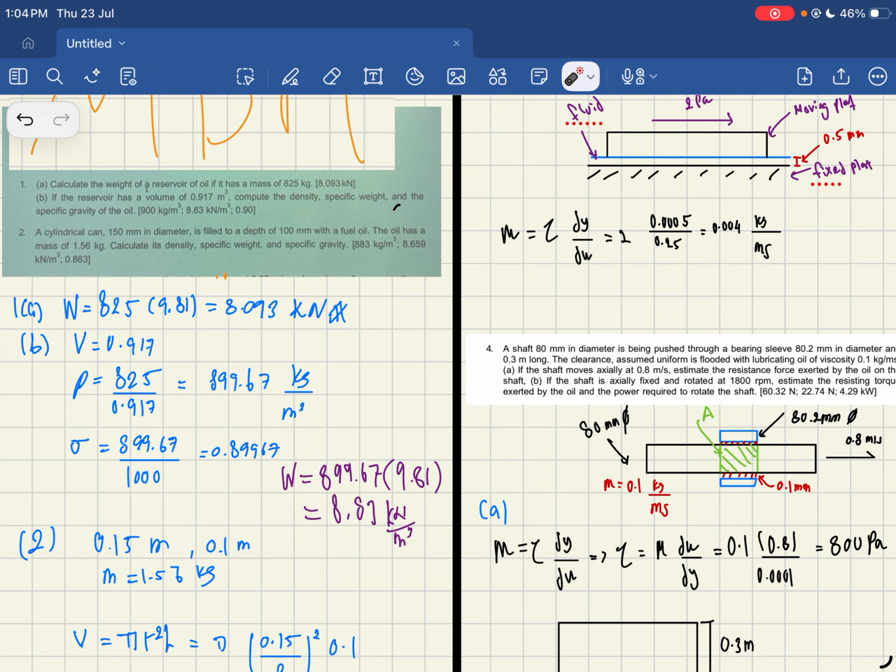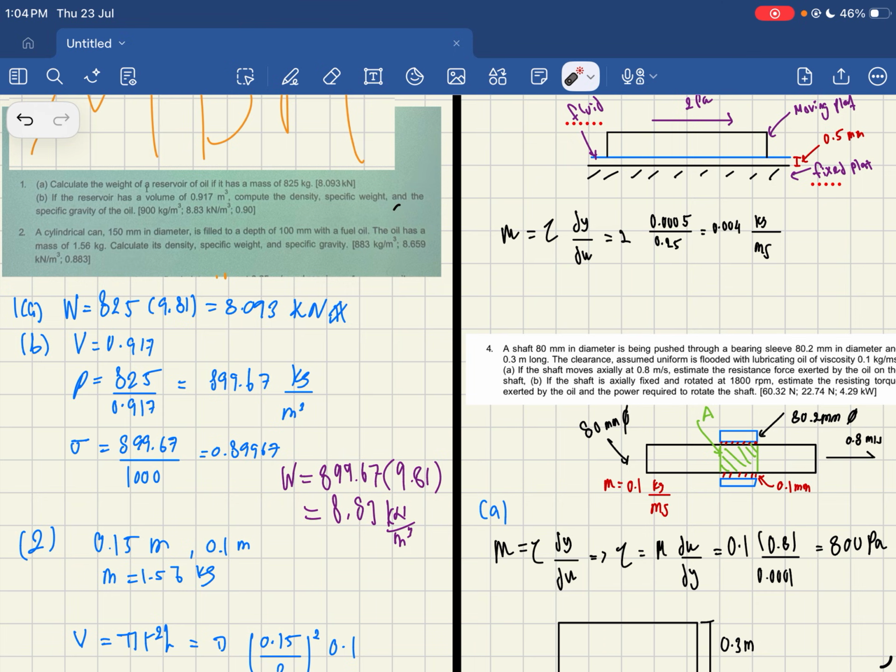Anyway, specific weight is the product of multiplication between rho itself times the gravitational acceleration. So that's why you will get 8.83.